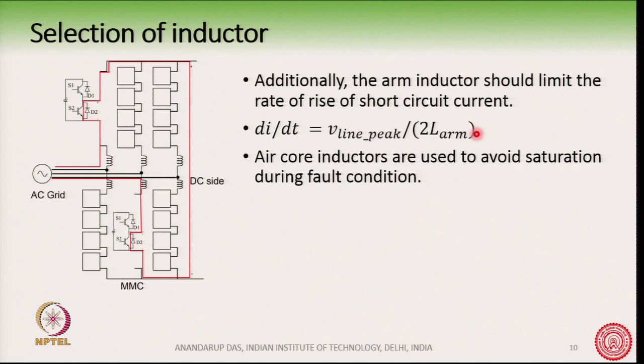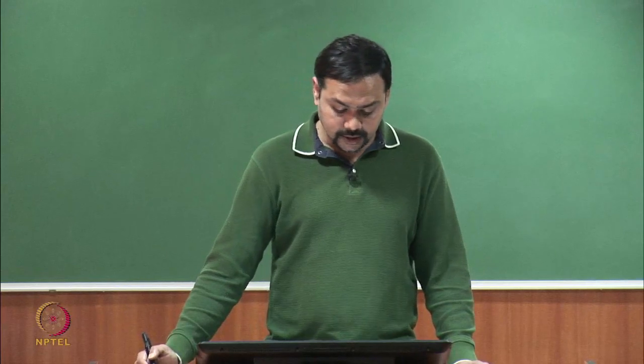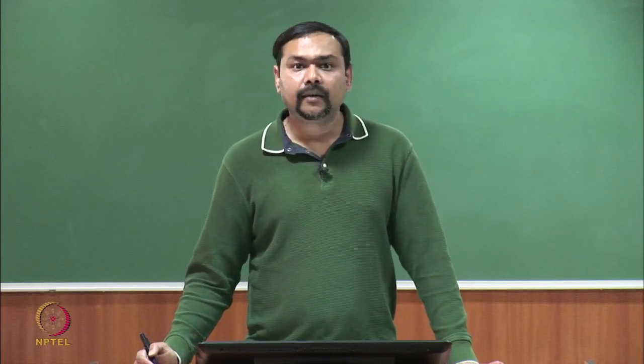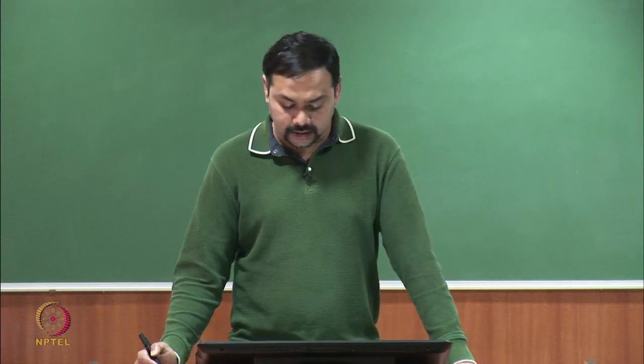So, this is the rate of rise of the arm current, and this value should be reasonably low, so that the diodes and the current flowing through the diodes are not overly stressed. So, this is an important criterion for designing the arm inductors.